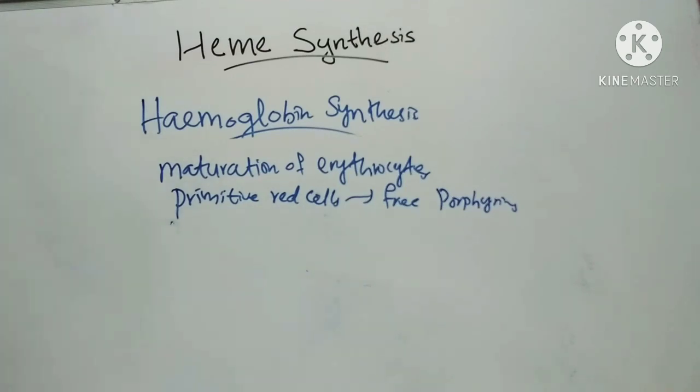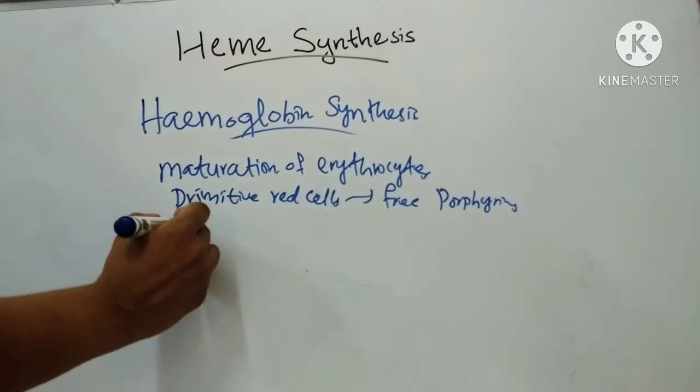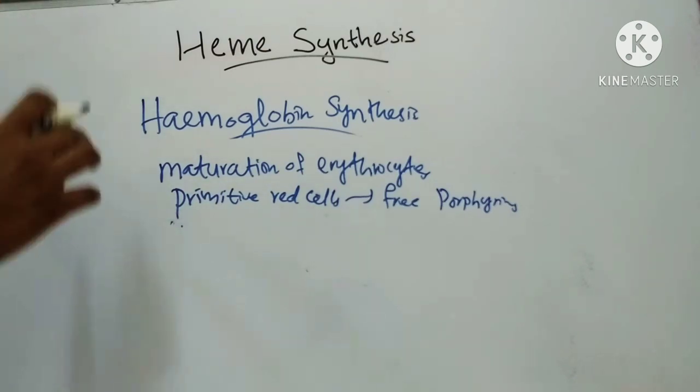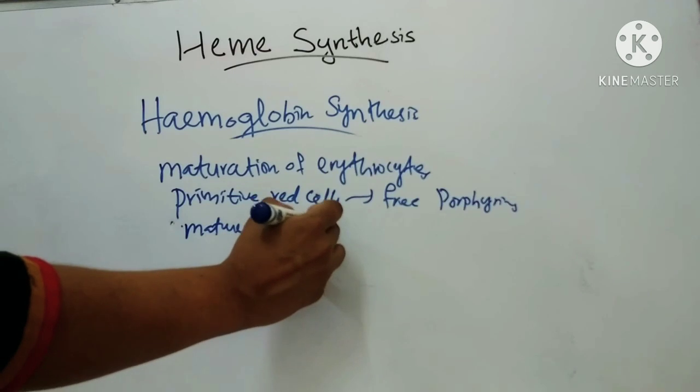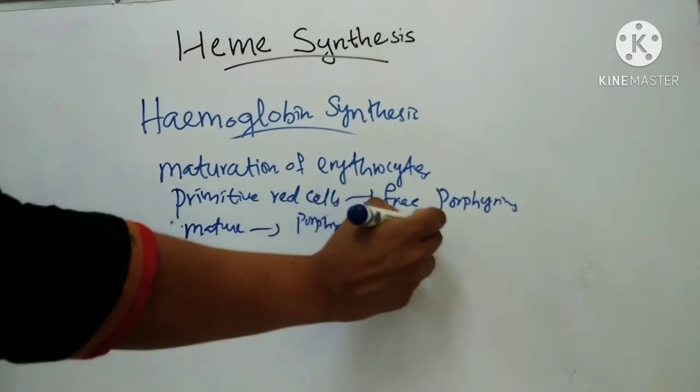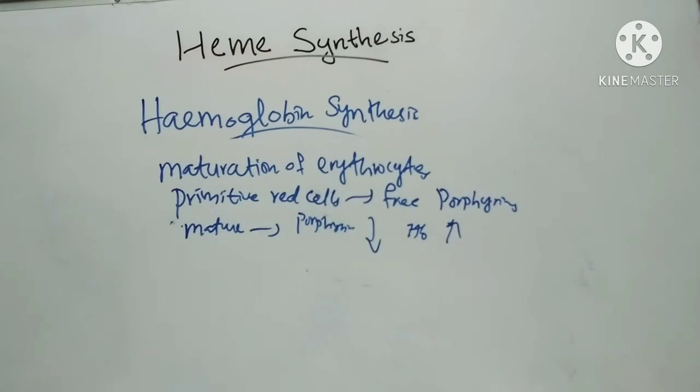As the red cells mature, the content of free porphyrin decreases and hemoglobin increases. These biochemical changes are correlated with the alterations in the staining properties of the cells. Heme stimulates the synthesis of globin on the ribosomal level.